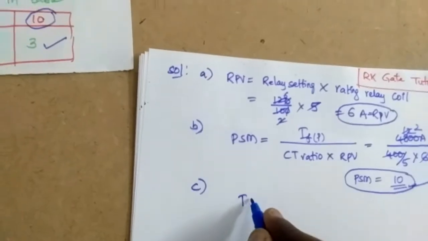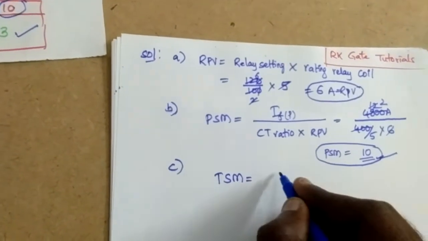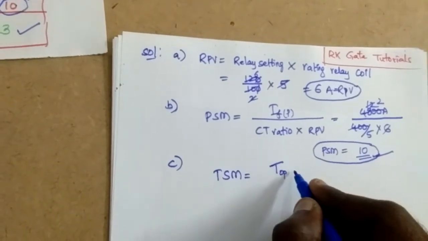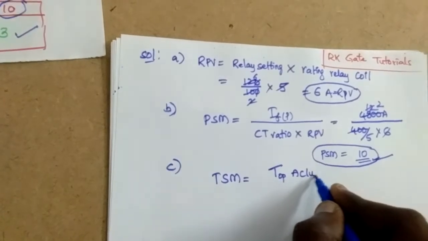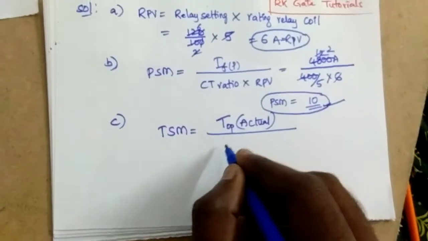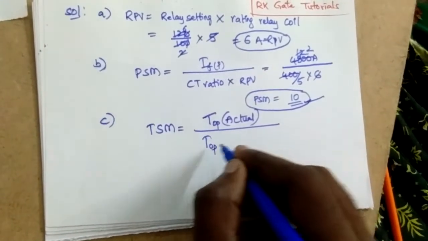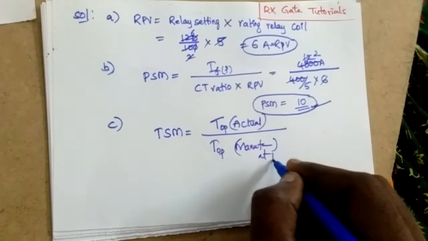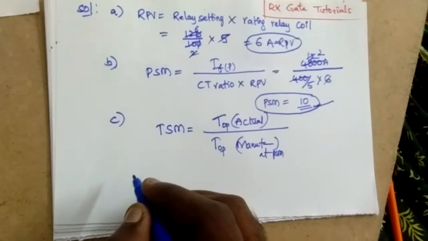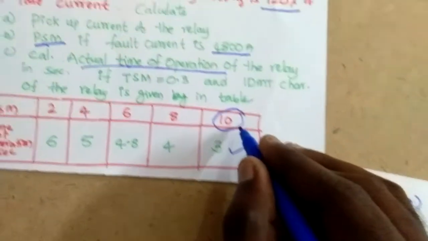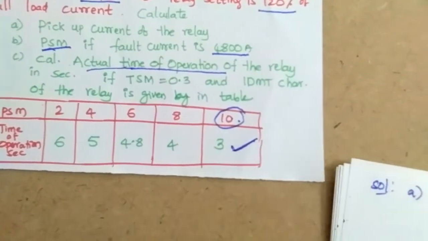We know that the time setting multiplier is given by the actual time of operation of the relay over the time of operation of the relay specified by the manufacturer at the given PSM. Here the PSM is 10, so the time of operation specified by the manufacturer is 3.